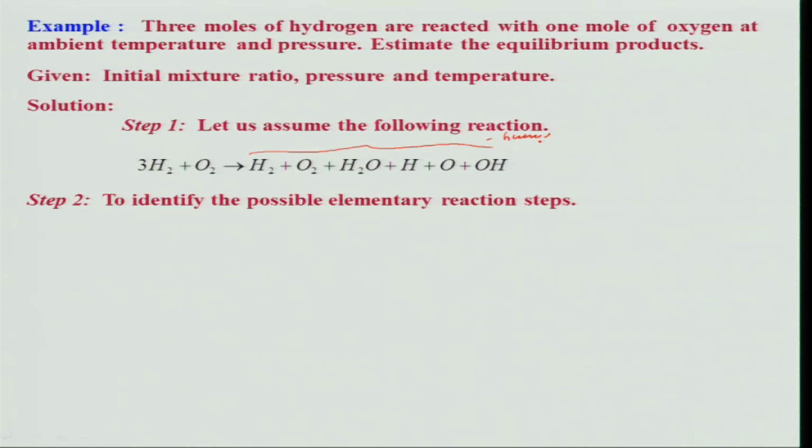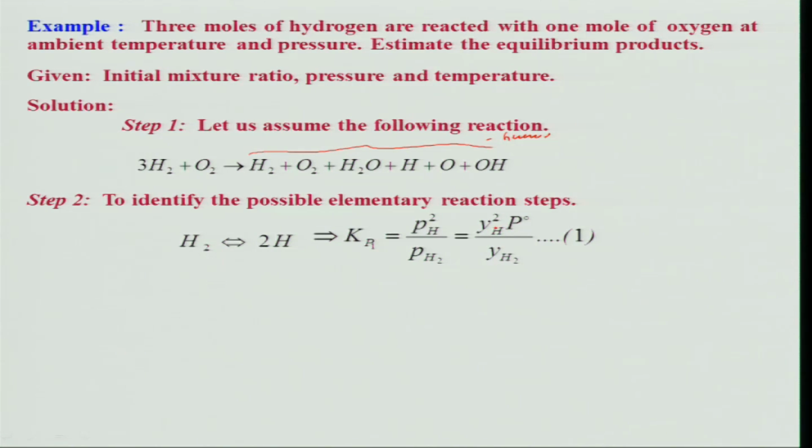Then I need to identify the possible elementary reactions. Keep in mind, we always need to consider elementary reactions, and that is hydrogen being converted into 2H. When I talk about it, I can determine what Kp is. So Kp by definition will be P_H squared divided by P_H2.